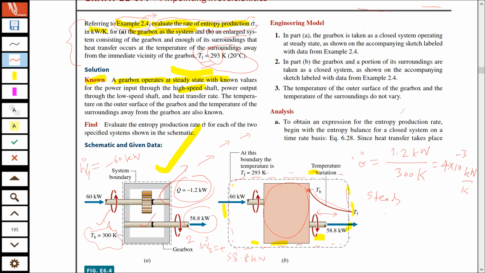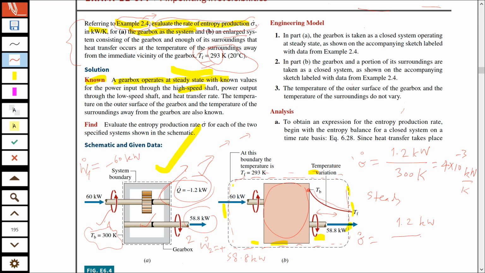And now you want to re-evaluate that sigma dot for this new system. We will actually use the same formula. Heat transfer doesn't change. It's still 1.2 kilowatts. And that minus sign still cancels out. So it has nothing to do with where the boundary is.